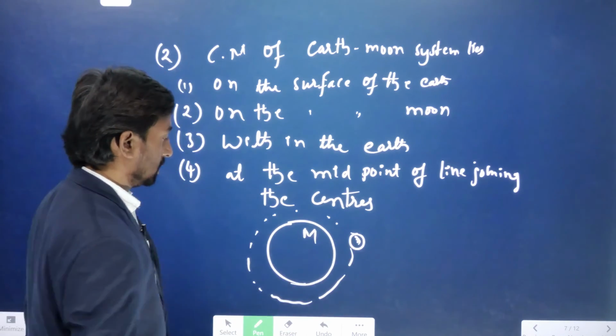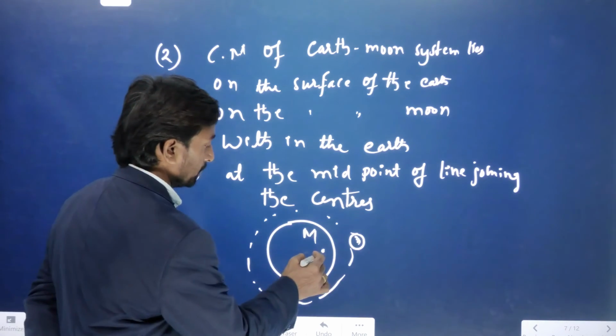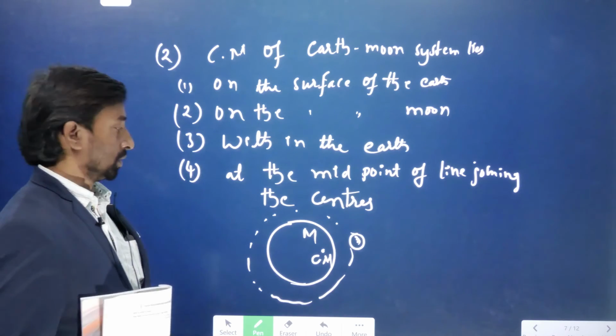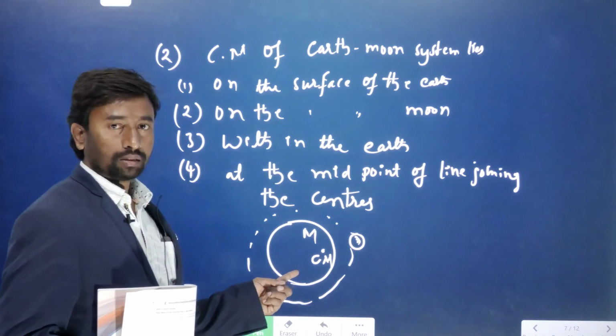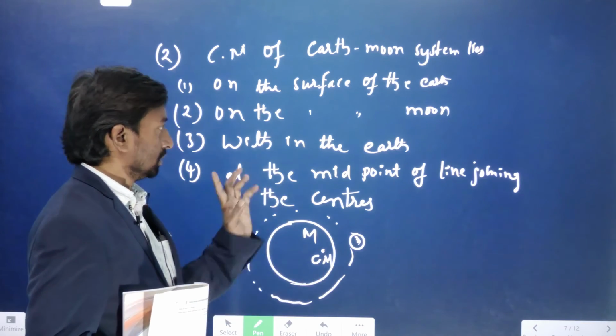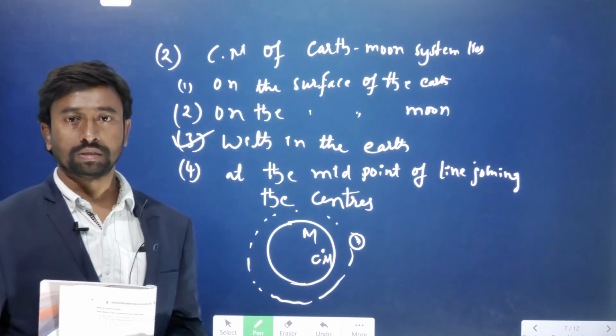So, it will lie within the earth. The center of mass may be here, because the mass of the earth is greater, and in a particular orbit around the earth, the moon will be revolving. So the third option is correct. Okay.